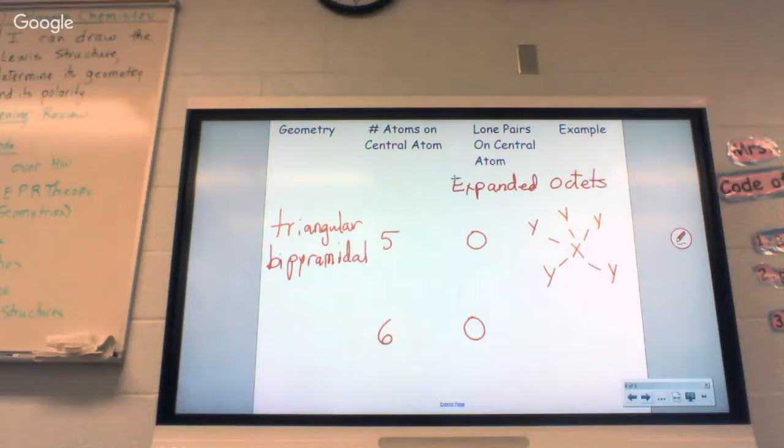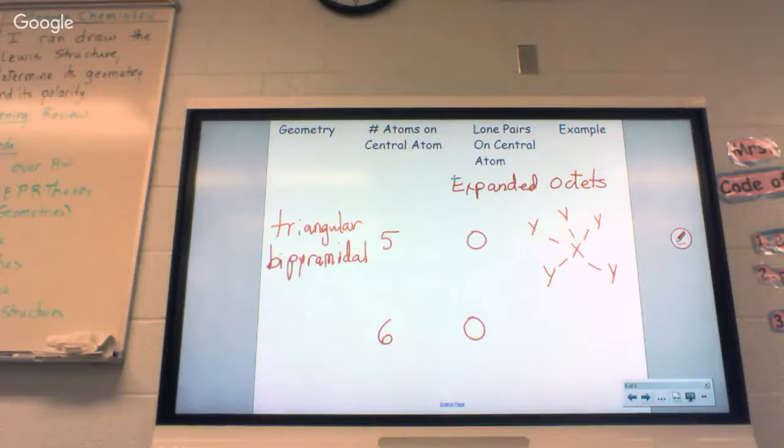How many quadrants do I have on the top? 4. How many quadrants do I have on the bottom? 1, 2, 3, 4. So there are 8 quadrants. It's not about 8 atoms, it's about 8 quadrants.